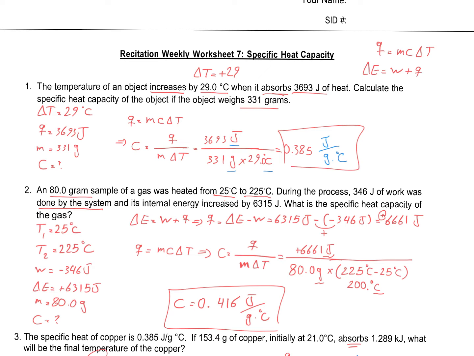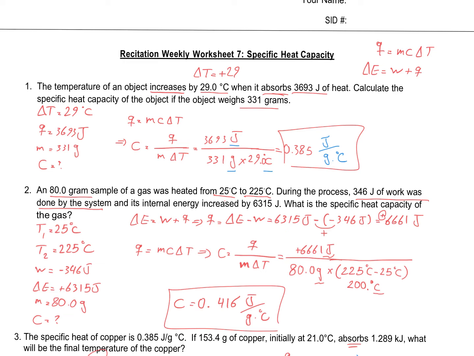So you have the T1 and T2. During the process, 646 joule of work was done by the system. If the work is done by the system, is it positive or negative? It's negative work, so the amount is 646, but the sign is negative, so the work is negative 646 joule.